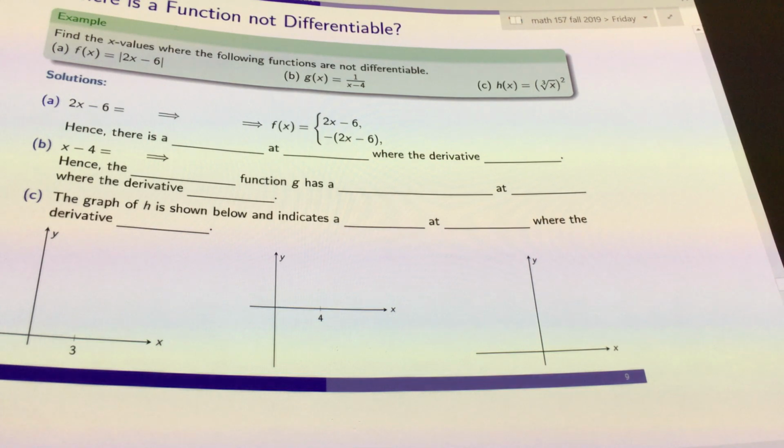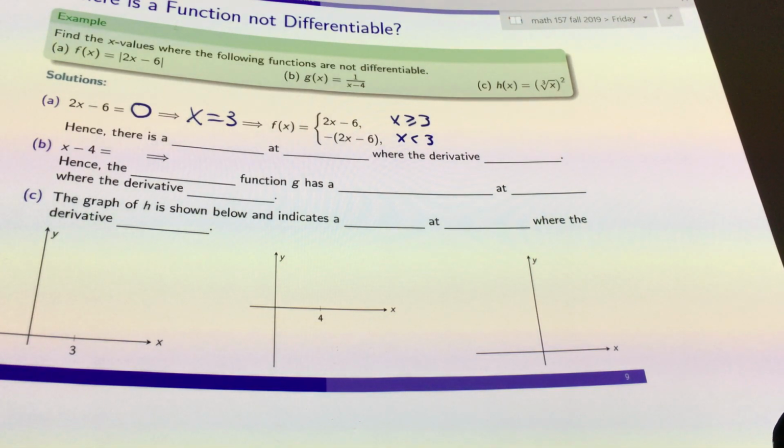I give you this particular example, so you have absolute values. That would imply x equal to 3. So the absolute value function is very typical. The absolute value is a V shape, it's a corner, right? So at the corner, certainly it's not differentiable.